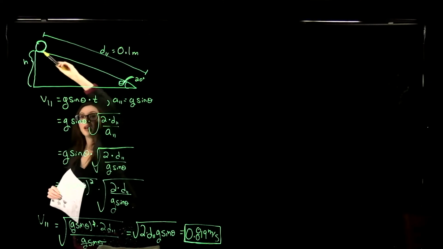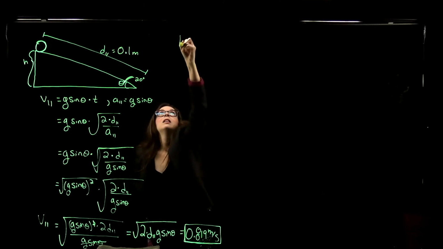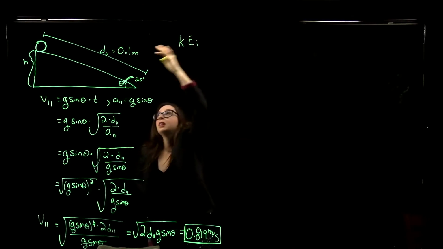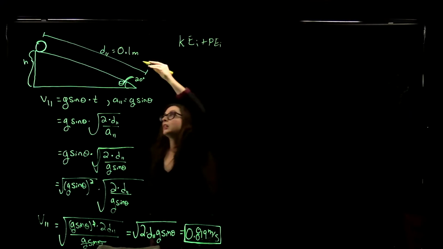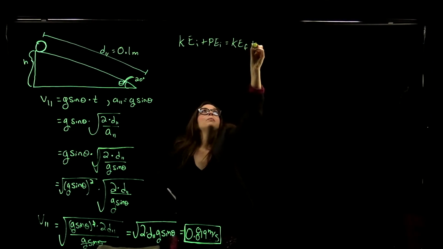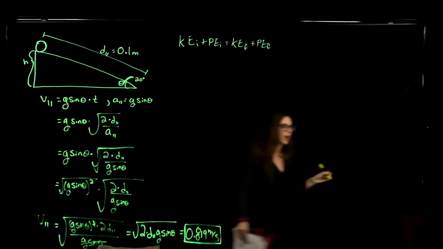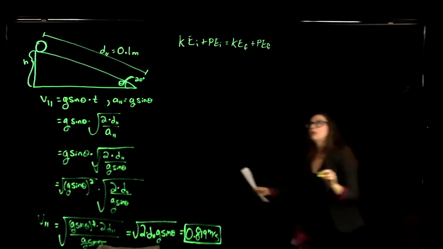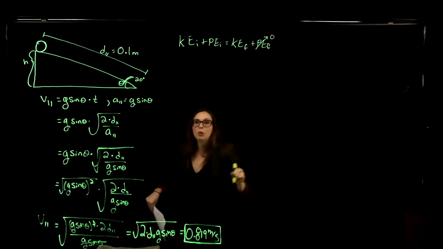If it's starting from rest up here, then we say that the kinetic energy of the ball at the top of the ramp plus the potential energy of the ball at the top of the ramp equals its kinetic energy at the bottom plus its potential energy at the bottom of the ramp. Now, when we reach the bottom of the ramp, we don't have any gravitational potential energy anymore.